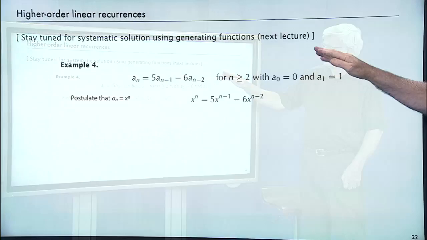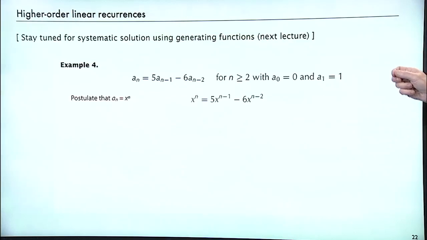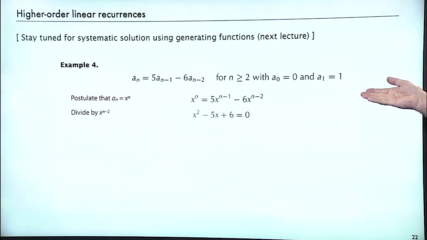If a n is going to be equal to x to the n, then it would have to be the case that we have x to the n equals 5x to the n minus 1 minus 6x to the n minus 2. And that kind of equation is a good thing for us because it means we can get rid of the n by just dividing by x to the n minus 2.